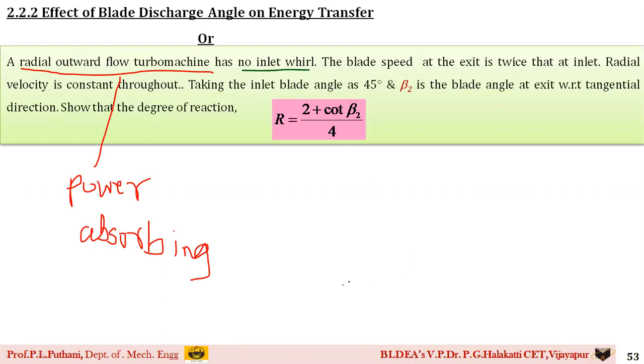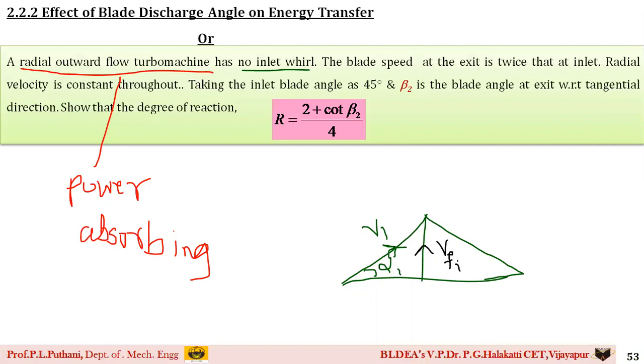When you draw your inlet velocity triangle, this is your generalized inlet velocity triangle, which you can see on the screen. This is your inlet velocity V1 with angle alpha 1. Then we have the flow velocity Vf1, the relative velocity Vr1, and the angle beta 1.